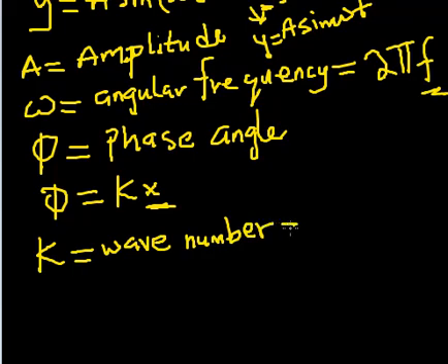The wave number is equal to the number of angles or oscillation cycles it makes per one wavelength. Remember, 2 pi is one cycle, so k is the number of cycles the wave makes per one wavelength.